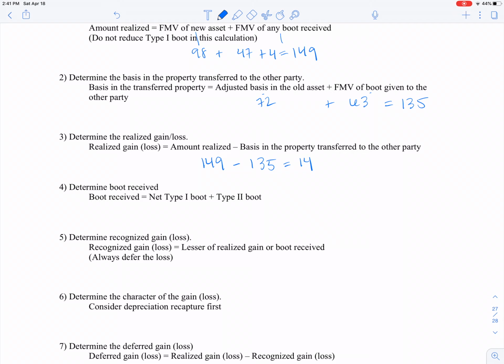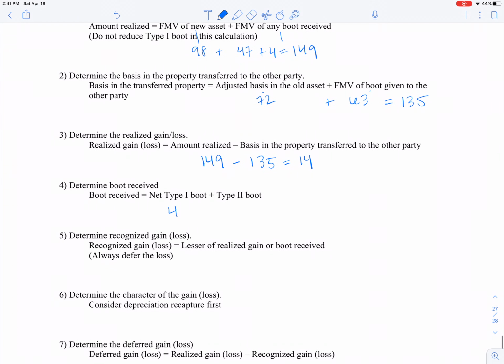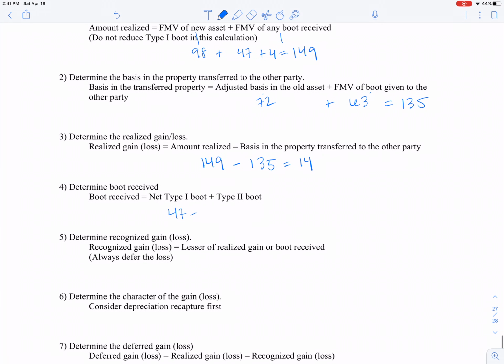All right, we do this netting for the boot again. So we net together the type 1 boot, 47 minus 63. So that's our boot received. That's 0.